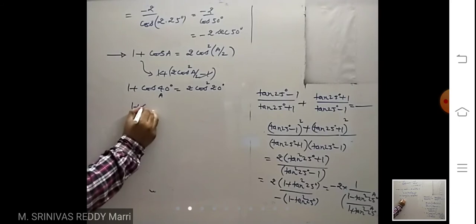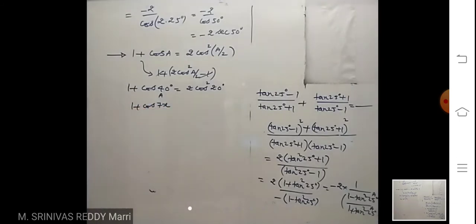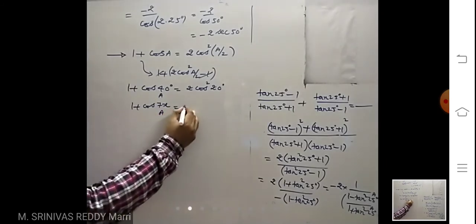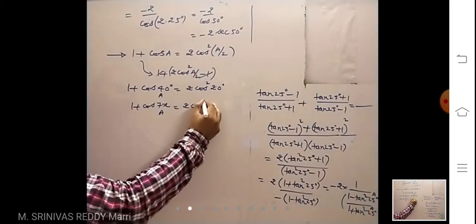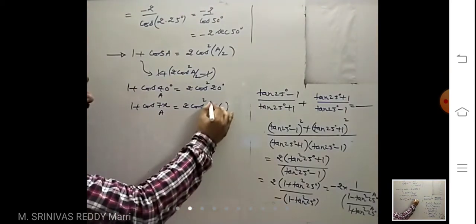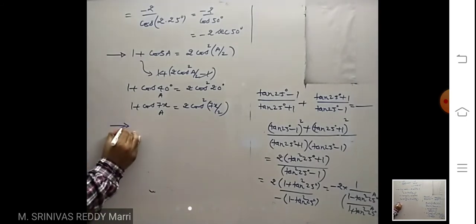Similarly, if 1 plus cos 7x is there, whatever it is, you take a, that means 2 cos square a by 2, that is 7x by 2. Like that, with the combination of 1 and plus, you write 2 cos square a by 2.